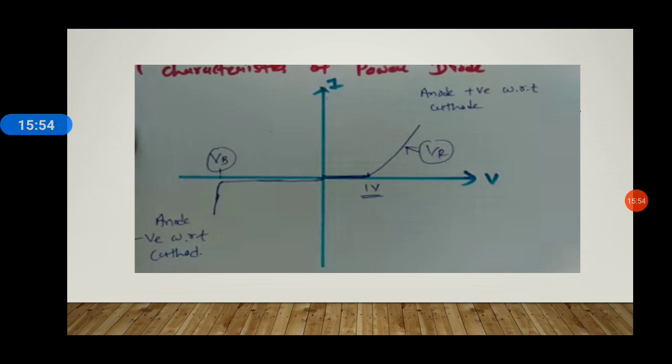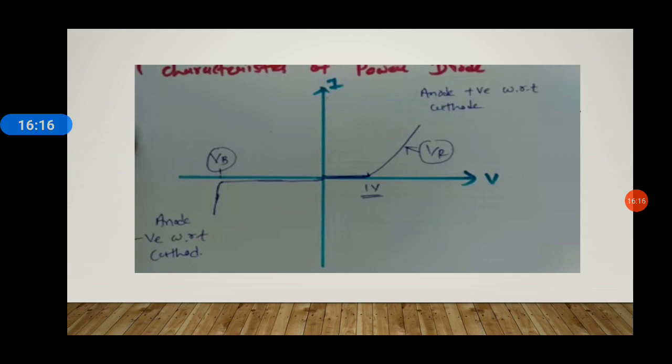Now, all this is known to you all. As I mentioned, the IV characteristics of a power diode is similar to the normal conventional PN junction diode. There is no difference. So whatever I have said is known to you all.